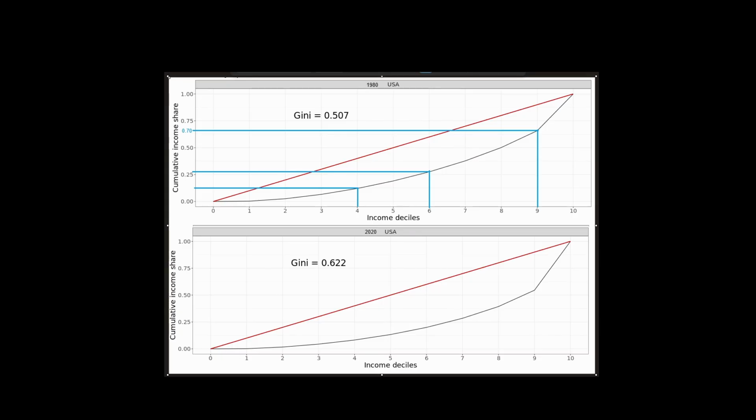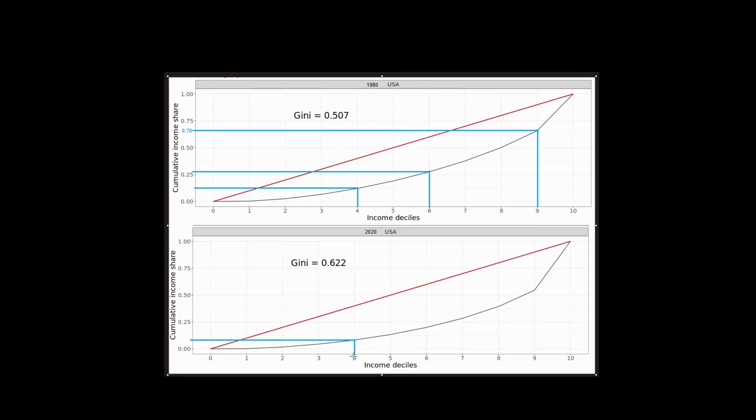Let's fast forward to today, or at least the most recent year we have data on. What we find is that the bottom 40%, the bottom 4 out of 10 people, are now earning significantly less. Where was that 12% line? That 12% line was right around there. So they are earning much lower, probably more like 8% of the income.